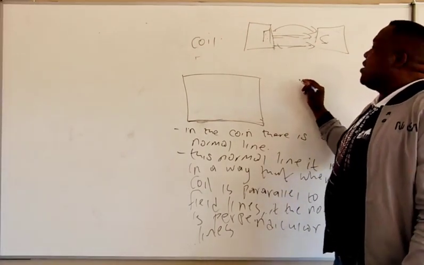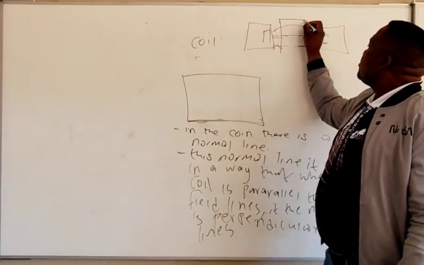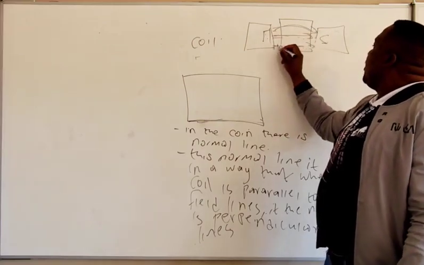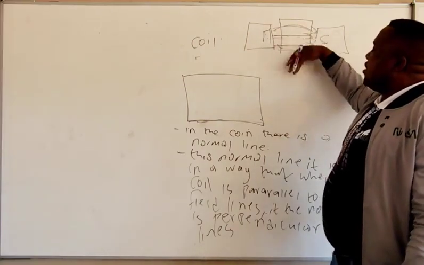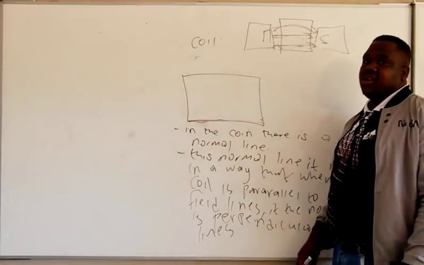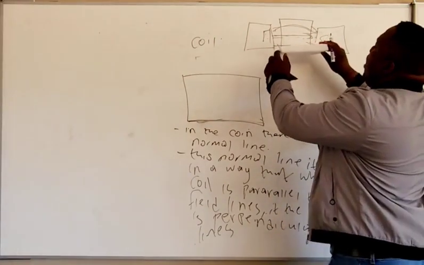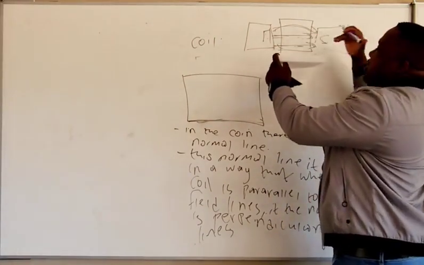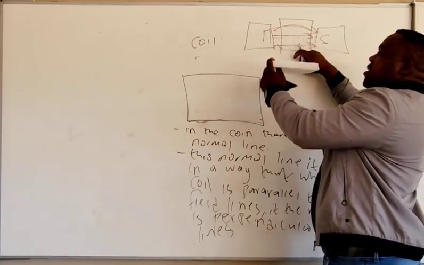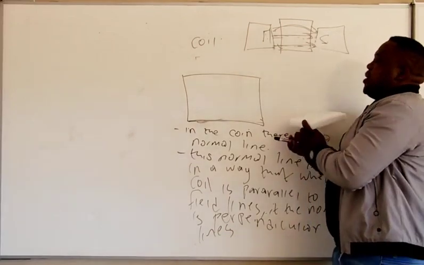So remember that here we have the coil, which is rotating, and it is placed where there is an electric field, which will be represented by lines. So what do I mean? When the coil is parallel to the magnetic field line, it means that the normal line is perpendicular.